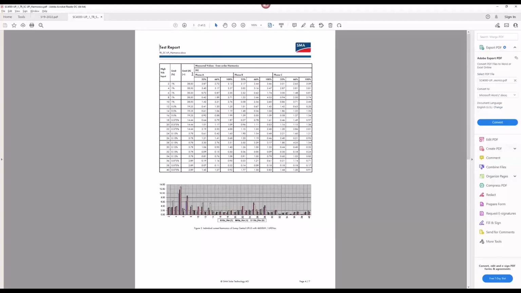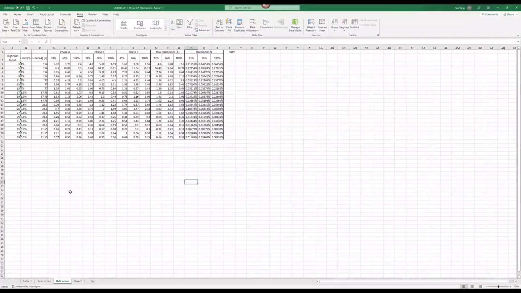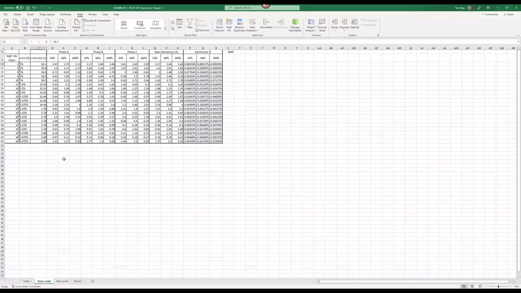What I typically do, once I get those test reports of the harmonics, is use Excel to convert those PDF files to an Excel spreadsheet in a format like this. Because once I do that, you can see this is my odd harmonic order and this is my even harmonic order, right? It's just manually copy paste, or using Adobe Professional to convert it to the Excel spreadsheet.